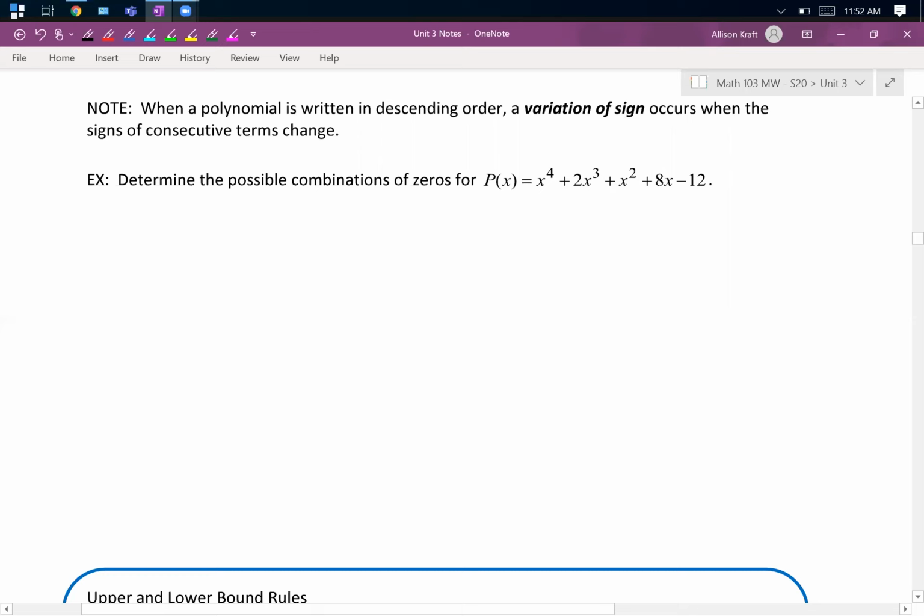Okay, so like I said, we're going to make ourselves a little chart. Positive real zeros, negative real zeros, and then complex zeros.